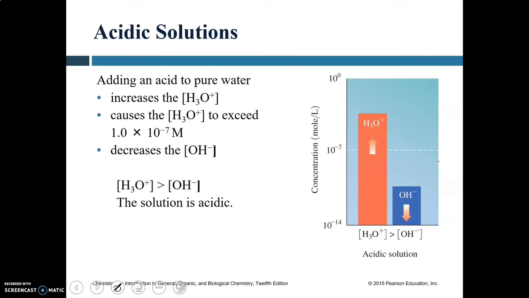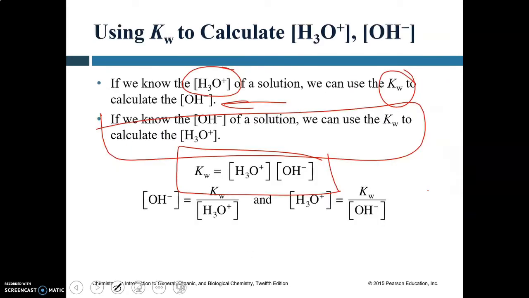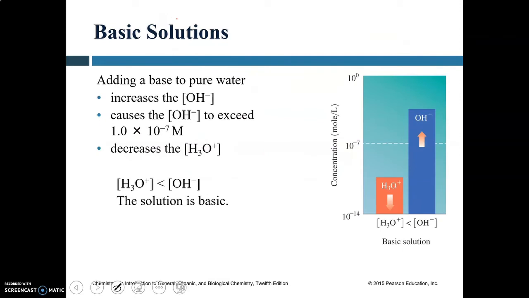In acidic solutions, as we mentioned, the concentration of hydronium ion is higher than the concentration of hydroxide, but the product of their multiplication will still be ion product constant of water. In basic solution, the concentration of hydroxide ion is higher than the concentration of hydronium ion.